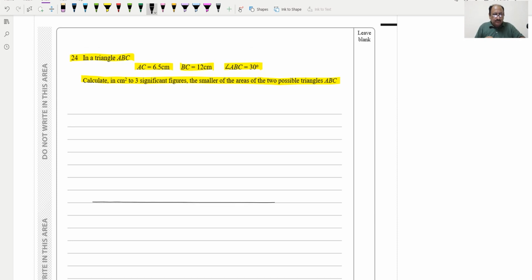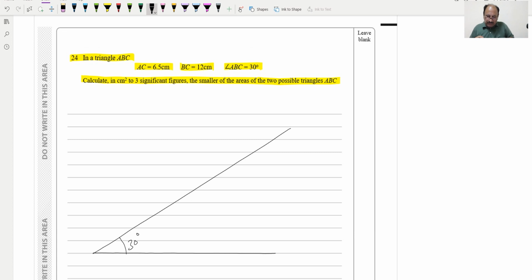And now the angle should be 30 degrees, so I'll move it a little down over here so that we can have better space. So the angle is roughly 30 degrees. If I draw the 30 degree angle, like for example this one, and we can take 6.5. So we have drawn this, we have drawn this also BC. I will draw B over here and C here. So the 30 degree angle also.